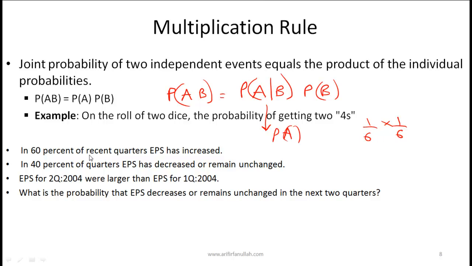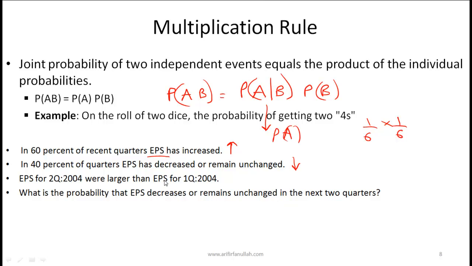Take another example. If in 60% of recent quarters the earnings per share for a stock that you are tracking has increased, and in 40% of recent quarters EPS has decreased or stayed the same, and EPS for the second quarter was larger than EPS for the first quarter, what is the probability that EPS decreases or remains unchanged in the next 2 quarters?